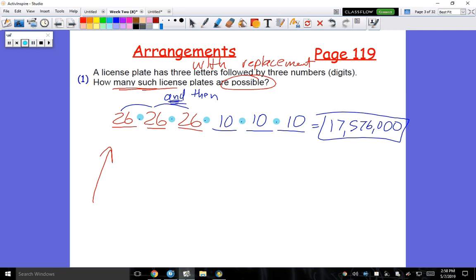So, 17 million. Do you think there are 17 million drivers on the road right now? License plates now have 4 numbers. And the reason why they have added this 4th number is because they ran out of randomized license plates. Okay? When you use a license plate and then you sell the car or whatever, that license plate is unique to you.